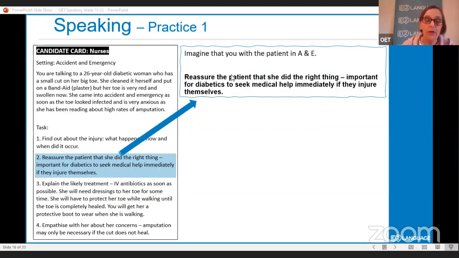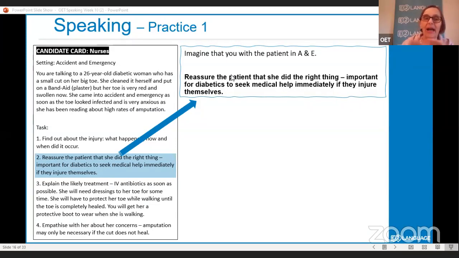Okay, so the story comes. Find out about the injury. She's going to tell you she's cut her toe, she's got the plaster, and it's very red and swollen. She's really anxious because it looks infected, and she's been reading on the internet about the high rates of amputation.